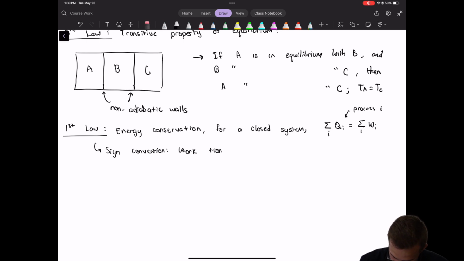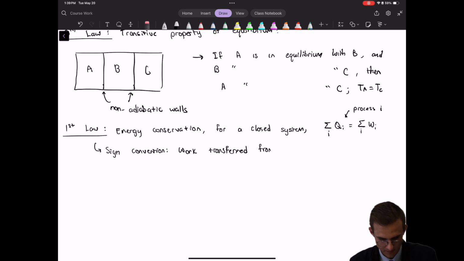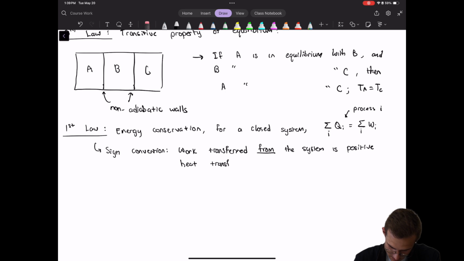Work transferred from the system is positive, and heat transferred to the system is positive.